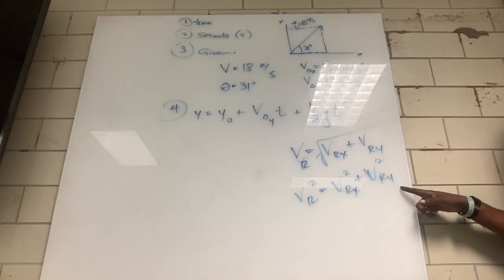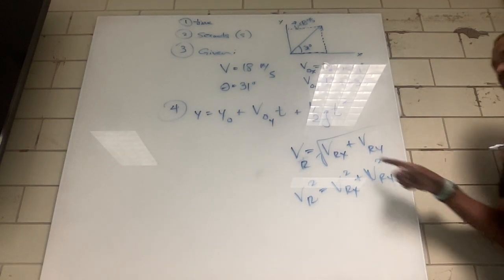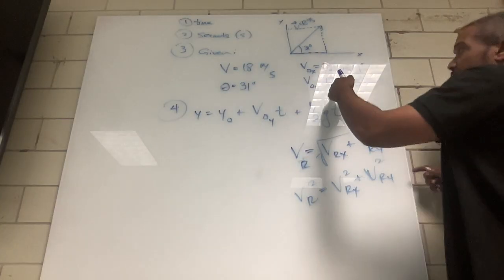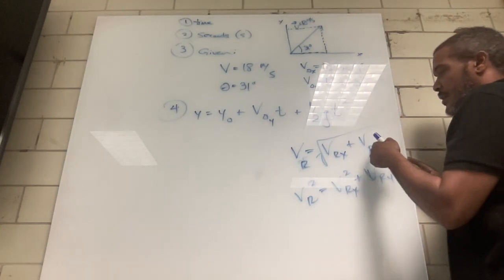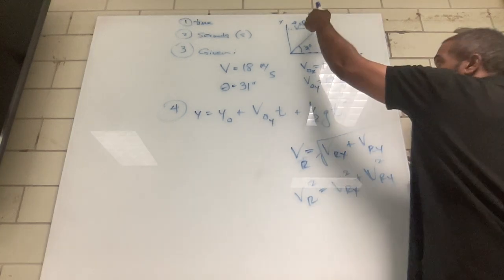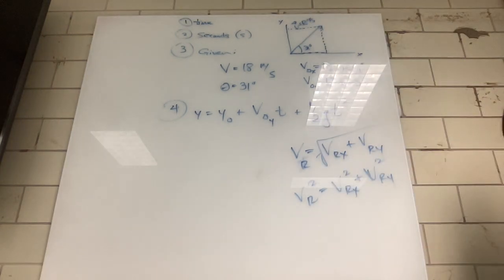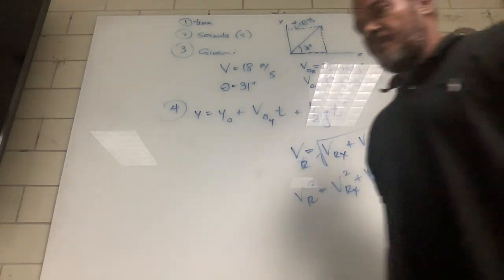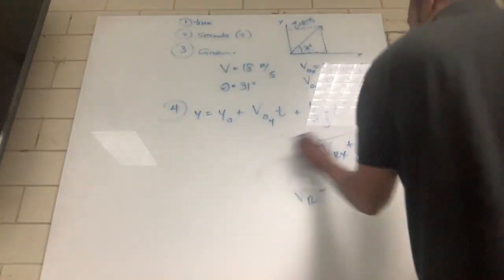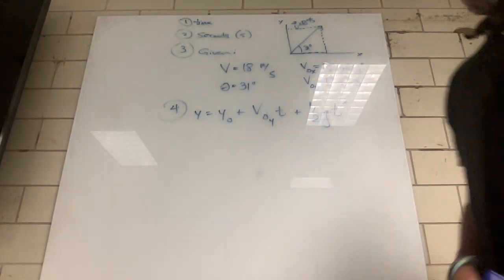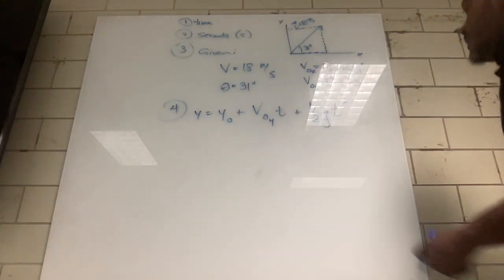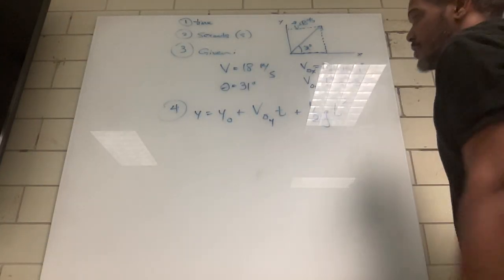That's the Pythagorean theorem, right? That's where this comes from. If I take these two, put them back here and get the square root, I'm going to get 18. All right, so now we've got an initial speed in the x and an initial speed in the y.